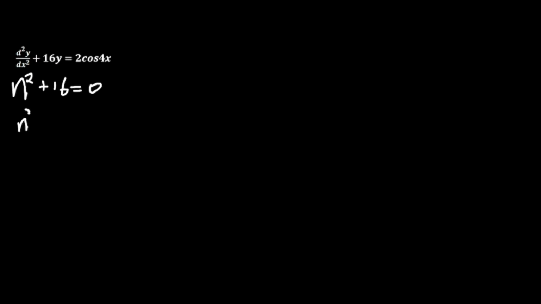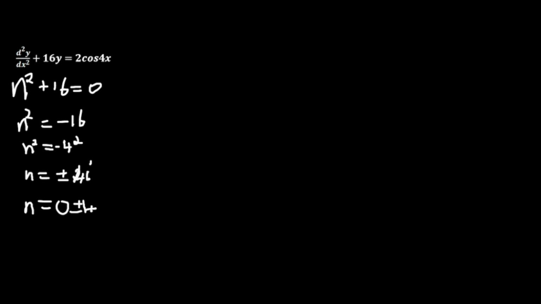So n squared equals minus 16, which implies n squared equals minus 4 squared. So our n will be equal to plus or minus 4i. Now we can write this as n equals 0 plus or minus 4i. So we see clearly that our n1 is 0 and our n2 is 4.